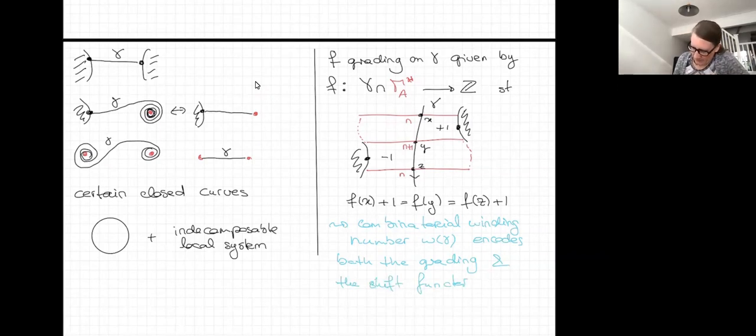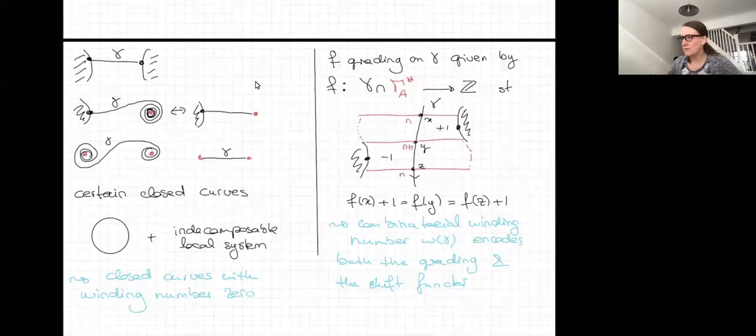Okay, and now we can say which closed curves are actually in the surface, namely those closed curves with winding number 0. And we'll see in the next example that this is really the same. The winding number is really counting direct and inverse homotopy letters.